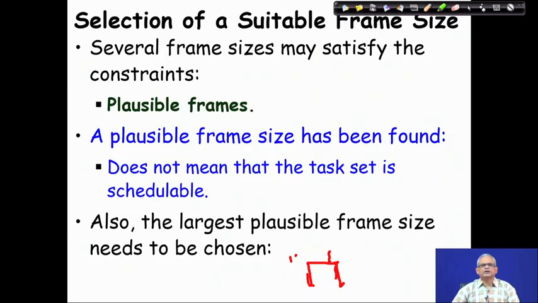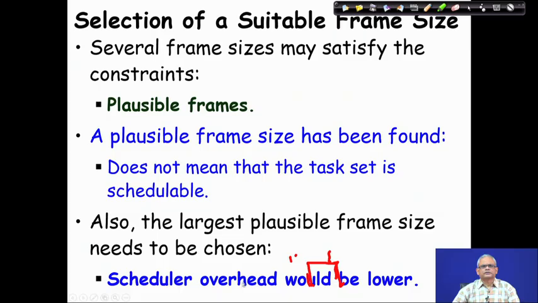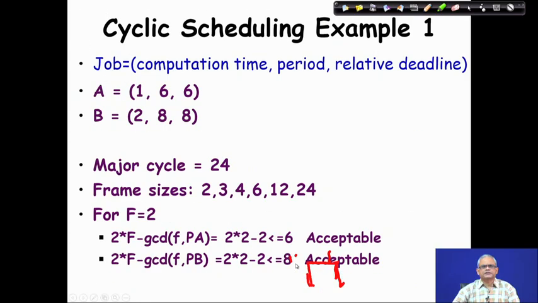So, that means the scheduler runs more frequently if we choose a smaller frame size compared to a larger frame size, or in other words, the overhead of the task scheduler becomes more when we choose a smaller frame size, and therefore, we always choose the largest frame size that is possible. So, the scheduler overhead is lower when we choose a large frame size. Now, let us take a few examples.